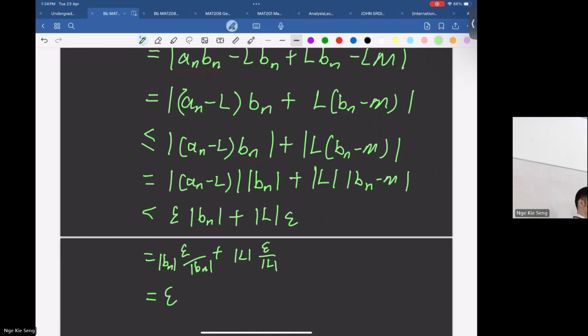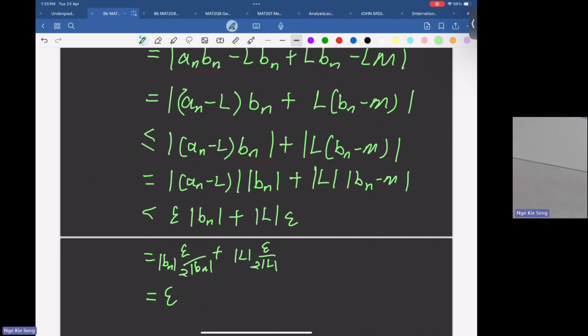Oh, you mean you want over 2. Okay, over 2 because you are left with epsilon plus epsilon, so you want to reduce it further. Can we do this or not?